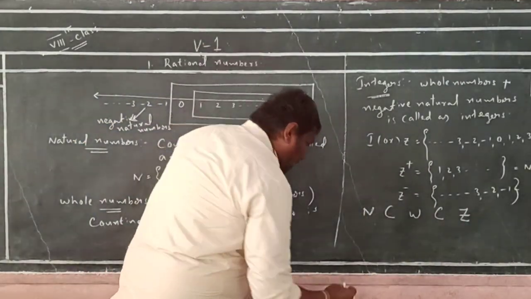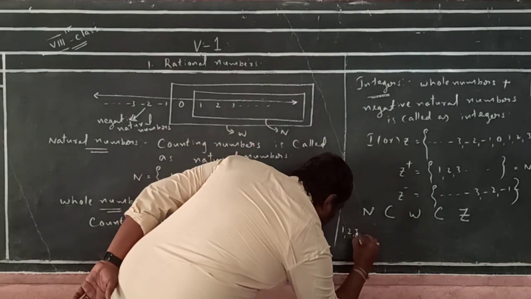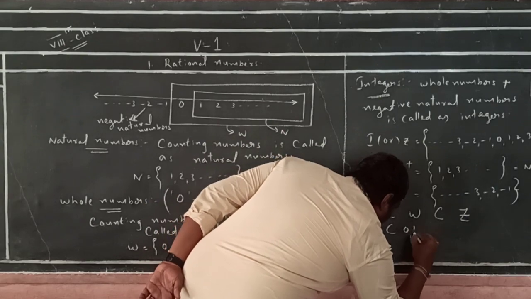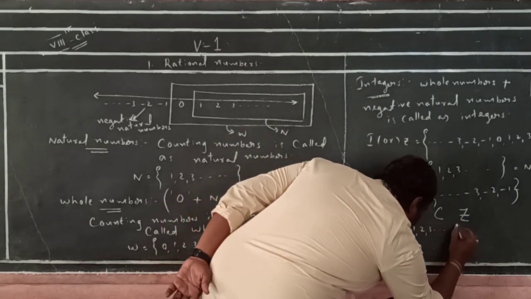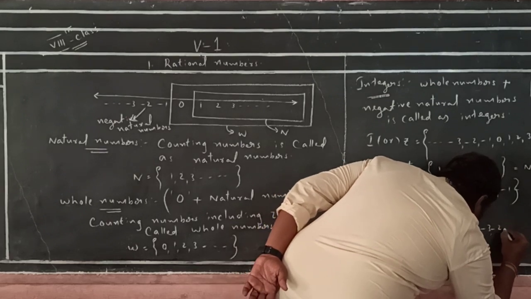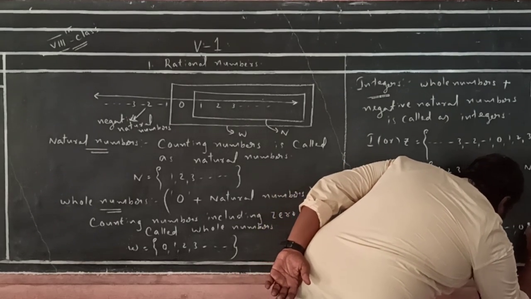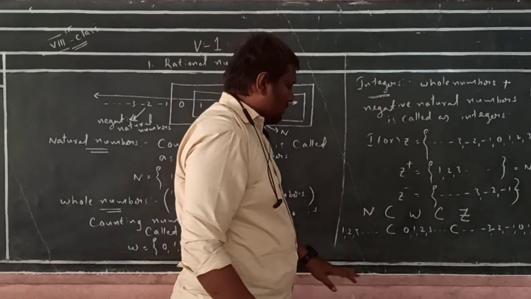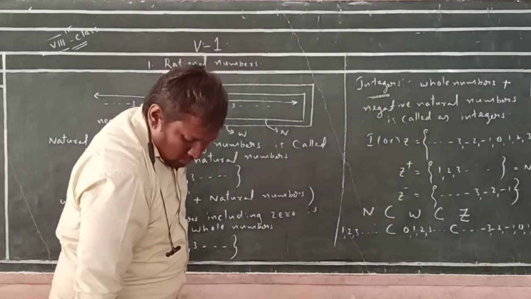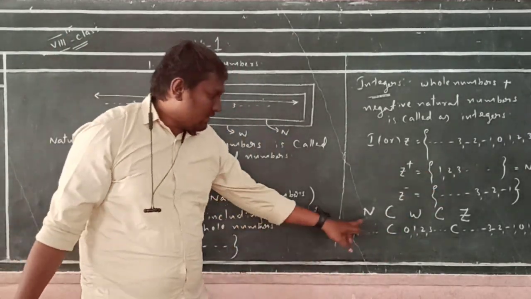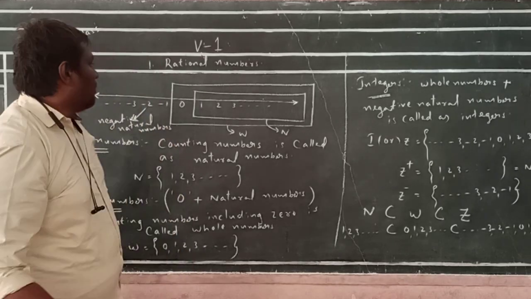That means 1, 2, 3 and so on is a subset of 0, 1, 2, 3 and so on, which is a subset of minus 3, minus 2, minus 1, 0, 1, 2. This is the relation. Okay, next.